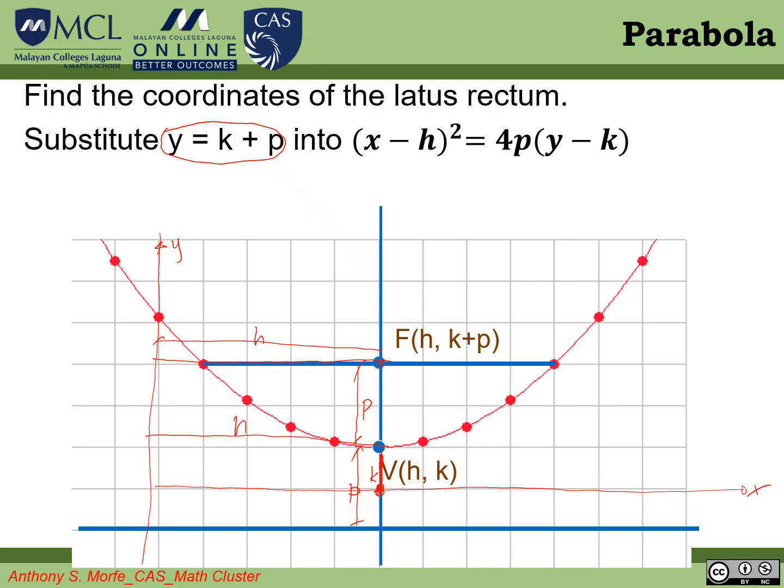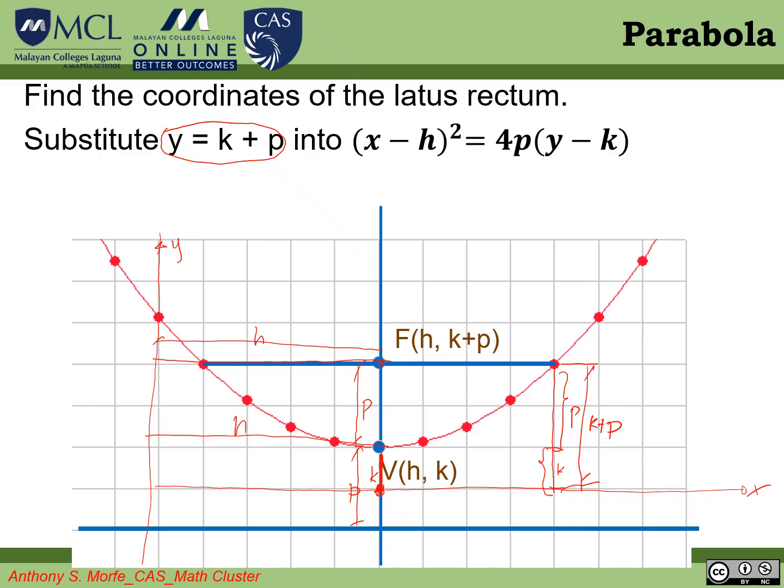So this distance is k up to this point, this is k and this is p. Just add the two. Summing up, we have k plus p.